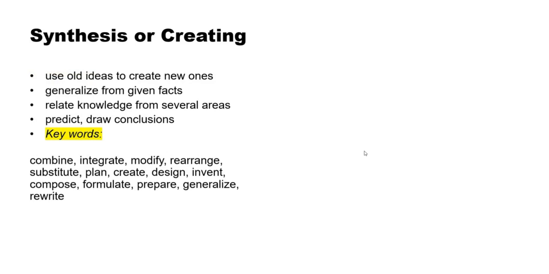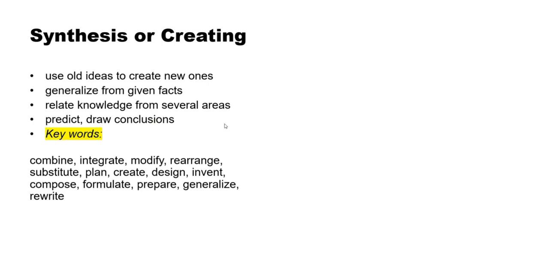The next is synthesis or creating. Remember, synthesis or creating is at the top in the cognitive domain in the revised version. Synthesis or creating refers to using the previous information, the old ideas, or already the diffused or absorbed information to create new ones, to create new meanings from the information or from the knowledge that has been acquired, to generalize facts and to relate knowledge from several areas, or to predict and draw conclusion.